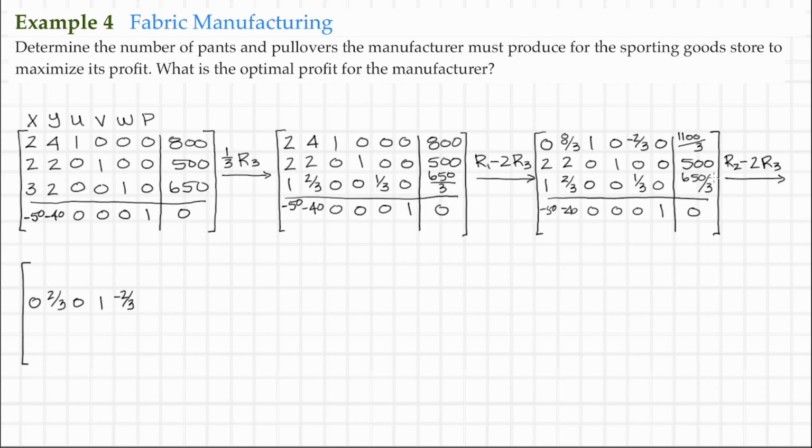And of course we have 0, 0, and 0. Bring down our vertical line. 650 thirds times 2, that's 1,300 thirds. And 500 minus 1,300 thirds is 200 thirds. Close off our bracket, and we fill in the rest.